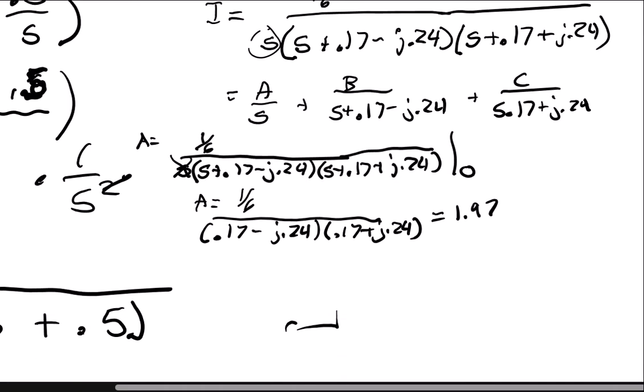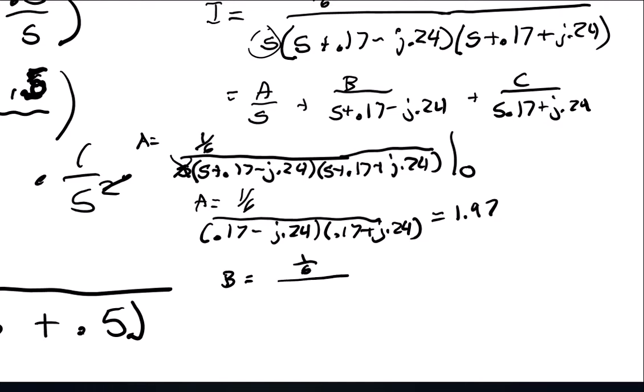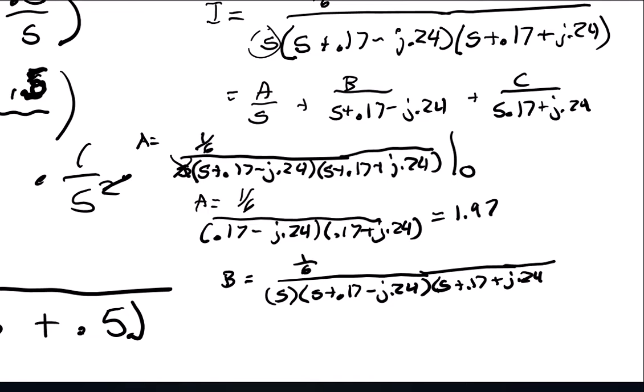Okay, now to find B, we're going to do the same thing. We take B equals 1/6 over S times S plus 0.17 minus J.24, and S plus 0.17 plus J.24.